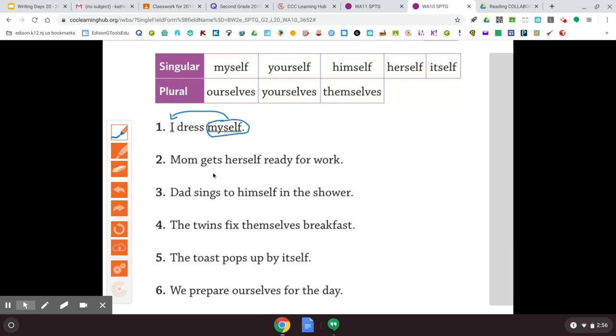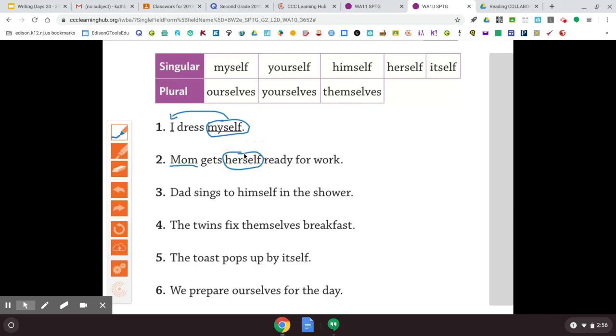Let's look at sentence 2. Mom gets herself ready for work. I'm going to underline the word mom because that's the subject in our sentence. So now let's think about which word in the sentence is a pronoun that tells who mom is getting ready. You're right, mom is getting herself ready.